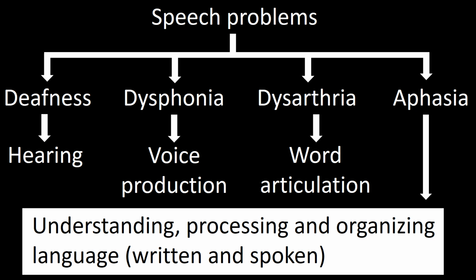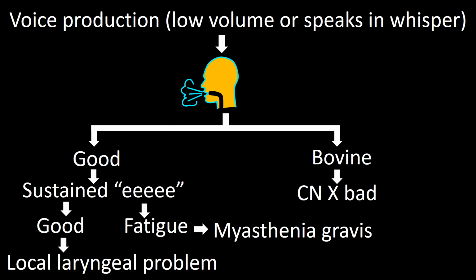This chart offers a broad look at the speech problems. Deafness, as you all know, is a problem with hearing. Dysphonia is a problem with voice production. Patients with dysphonia speak very softly. The first step in their evaluation is to make them cough. A bovine cough indicates vocal cord problems related to vagal nerve dysfunction.